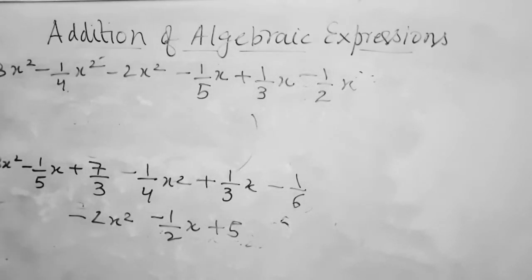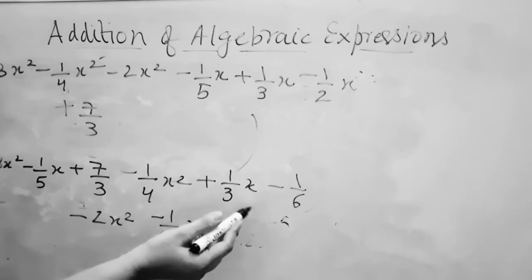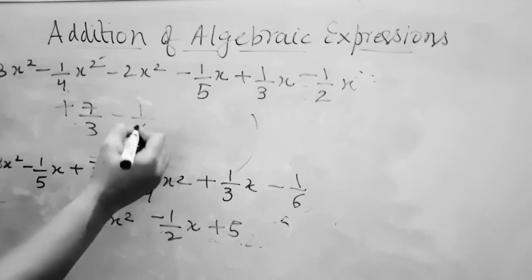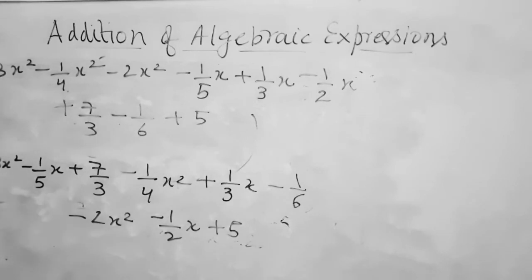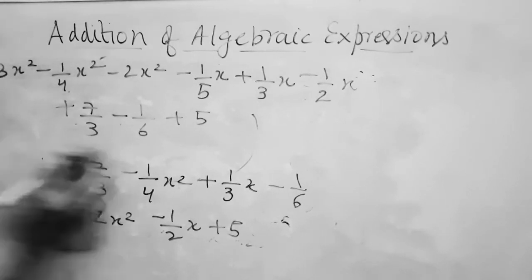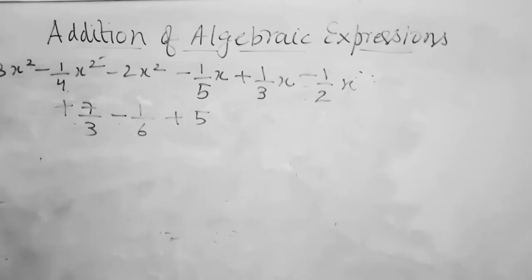Okay students, all the x together. Last one, all the constants, plus 7 by 3 minus 1 by 6 plus 5. All the constants together. Now let me rub this. All the like terms are written together. Now what will be the next step students?